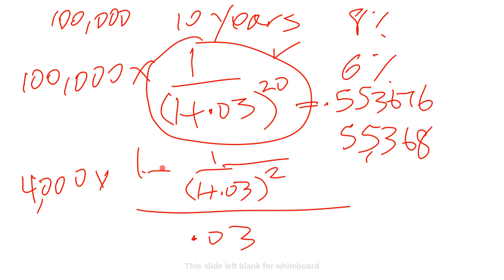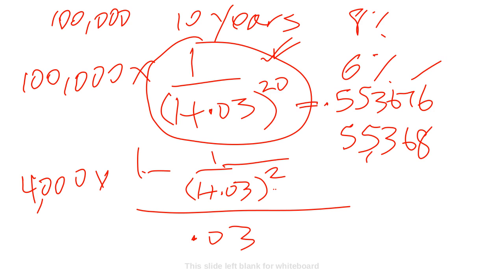Now, for the present value of annuity, you get $4,000. Multiply that by 1 minus 0.553676. Because again, look at the formula. The formula says 1 minus this part, 1 over 1 plus 0.03 to the 20. So we have the answer for this part. This part is simply this one.